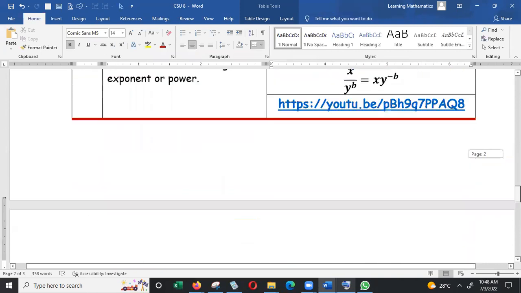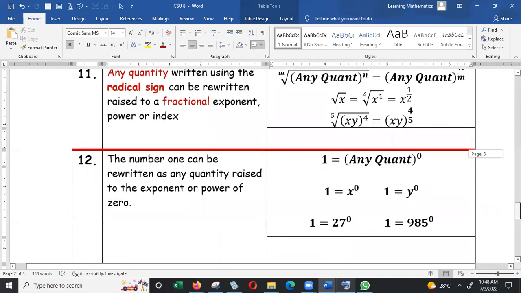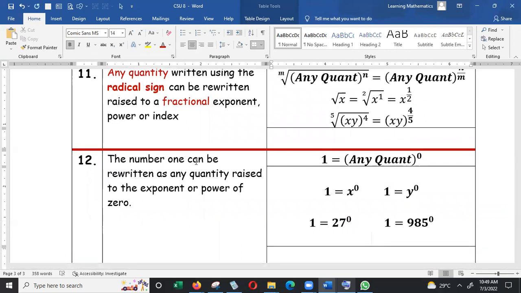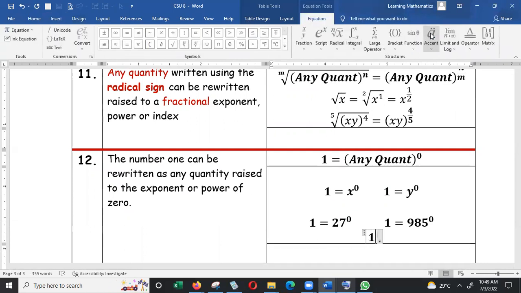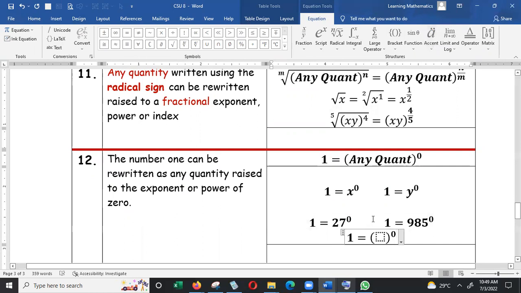So you have to be writing this. Write another example, think of another example. All right, 1, you can write this down, 1 is equal to, and you can put any quantity here in that bracket raised to the power of 0. Okay, you can think of anything to put inside here.